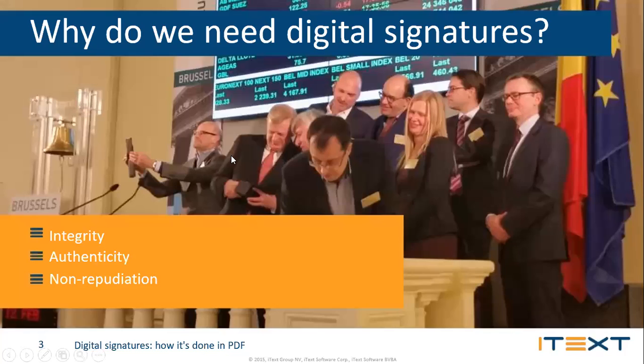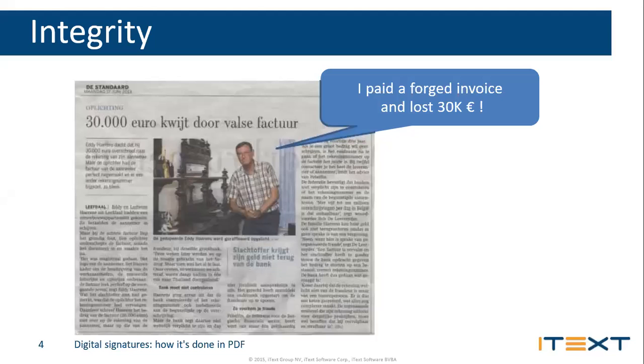So why do we need a digital signature in a file? I have put in a diagram showing integrity, authenticity, and non-repudiation. So what is integrity? Suppose the document is the news paper I have shown you, an invoice where I paid a loss of $30.